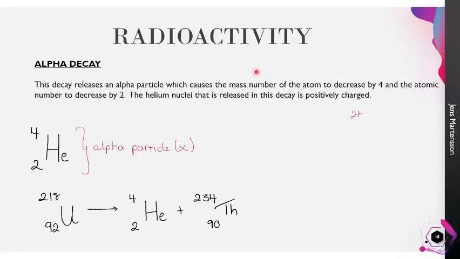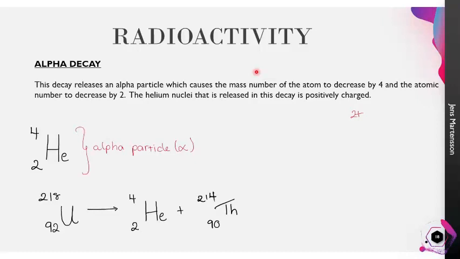Sorry, I put the wrong thing earlier. So we go from 218 to 214, and we go from 92 to 90. And that's how our decay works.